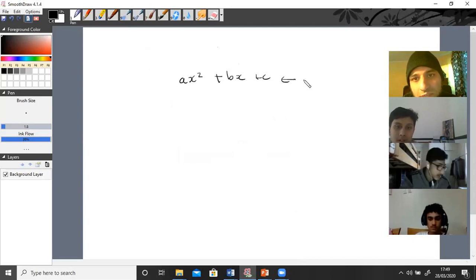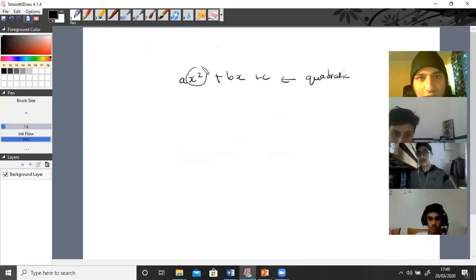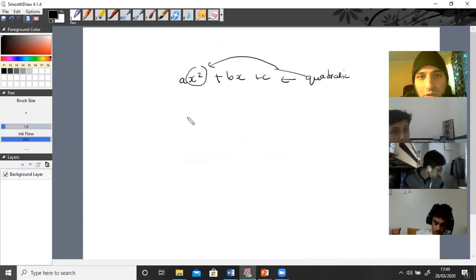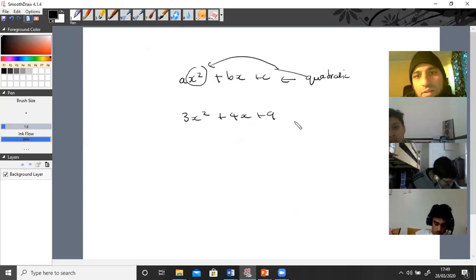That's what you call a quadratic equation. Why is it called a quadratic? Can anyone tell me that? It has x squared. Exactly. Anything which has an x squared in it is called a quadratic equation. There might be an equation that looks like this: 3x squared plus 4x plus 9. And we might put this into it, y equals, well, let's do it on this side actually.